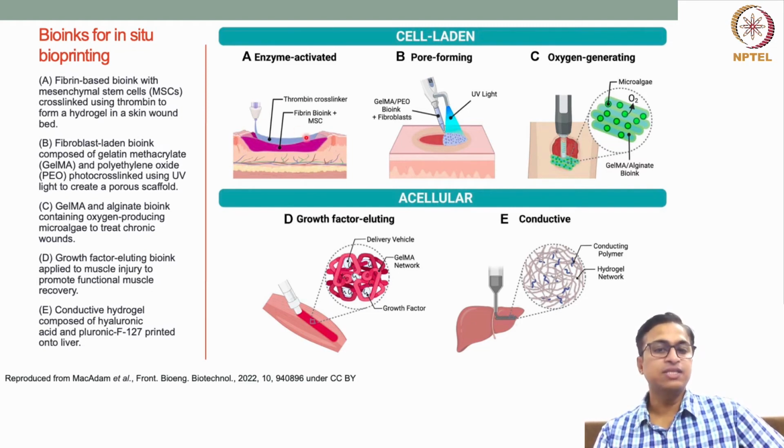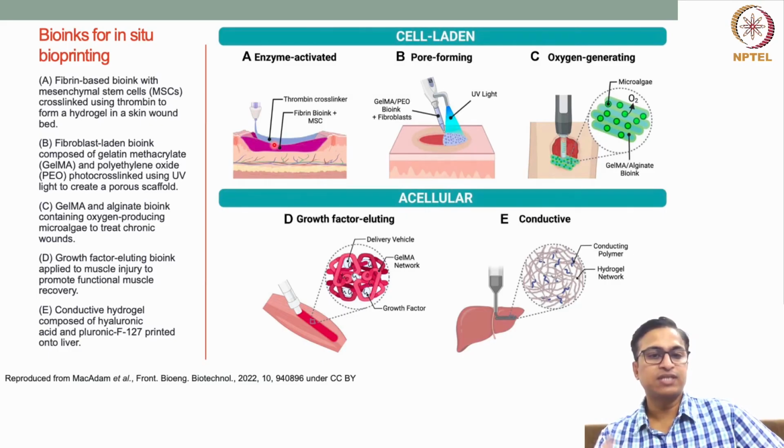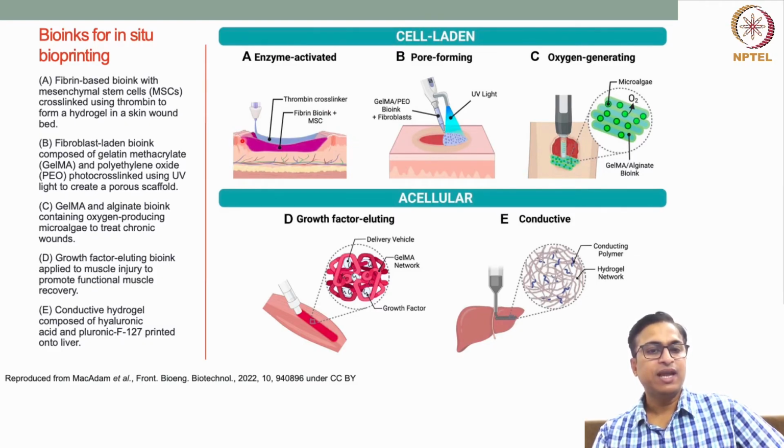In this case the cross-linking is instant, so within a few seconds the whole thing will become cross-linked. Another important thing is when the fibrinogen plus MSC is put into that wound bed, as you can see here, it can confine to that volume or to that area of the wound, perfectly filling the defect volume, and then when we put thrombin, the whole thing will get cross-linked.